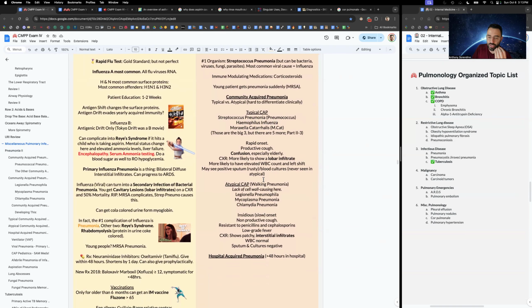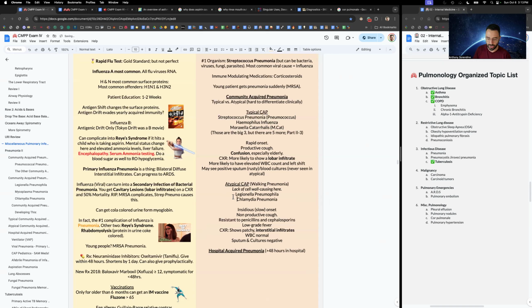When you hear the term atypical, what this means is we say lack of cell wall, not exactly, because some of these technically are gram negative, but just remember it's Mike's clam legs. You want to remember Mike's clam legs. This is a mnemonic I still use to this day, for the atypical bugs.